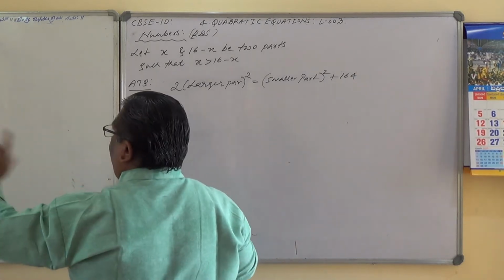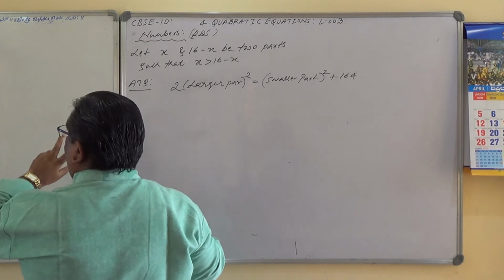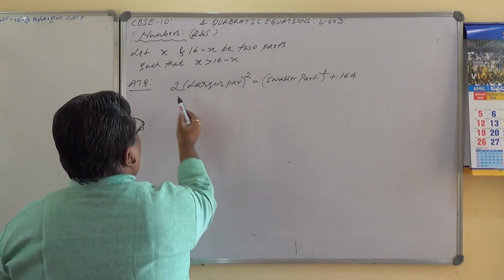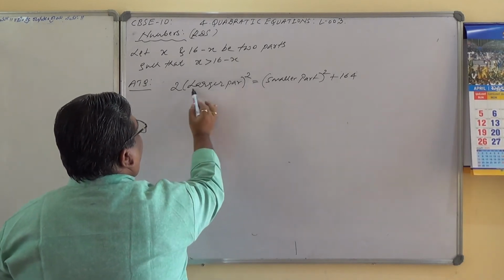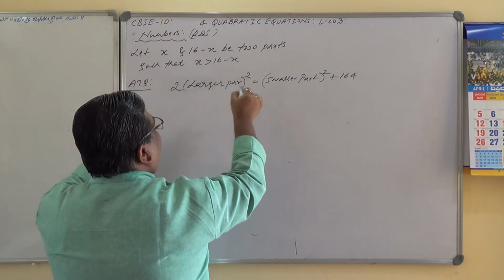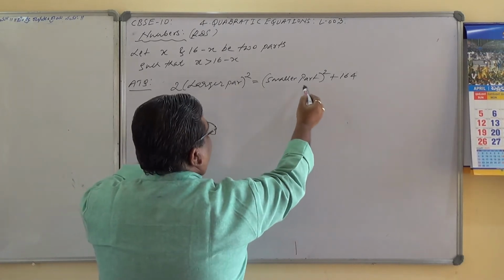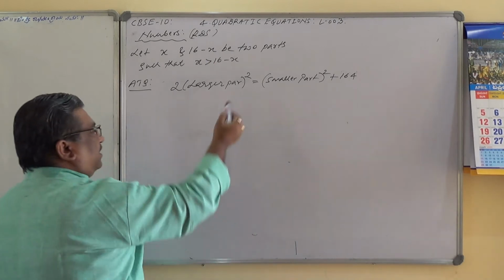So the two parts are such that 2 times the square of the larger part exceeds the square of the smaller part by 164. This is how I have written.